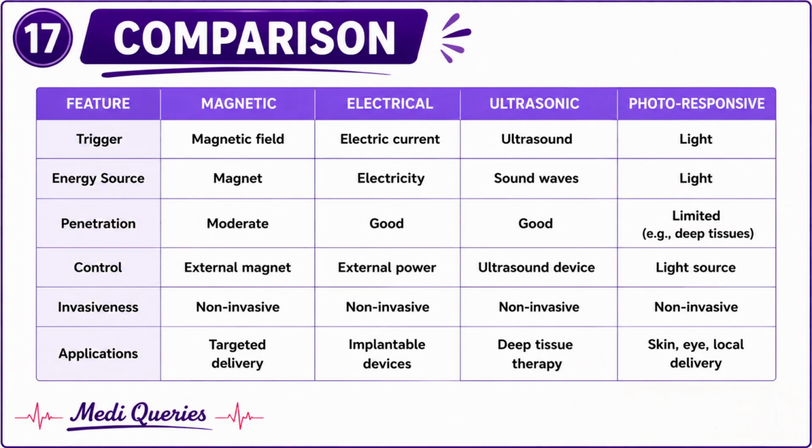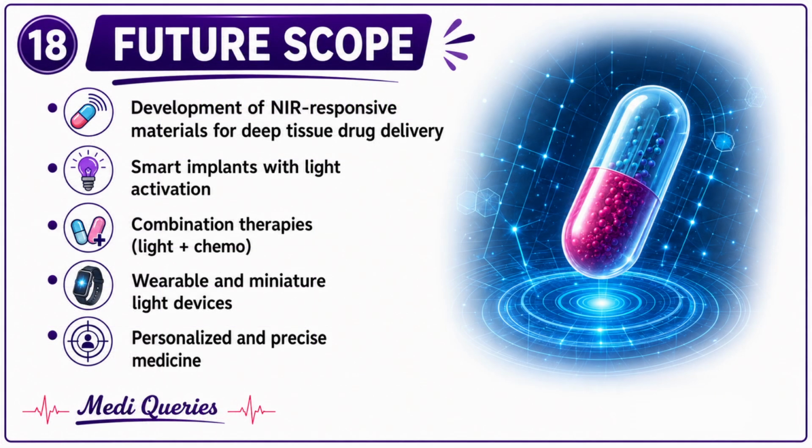Magnetic systems use magnetic fields, electric systems use electrical currents, ultrasonic systems use ultrasound waves, and the photoresponsive systems are using light. So all these systems provide pulsatile drug release but differ in their triggering mechanism. This is the small comparison for all these systems, and let's see the future scope.